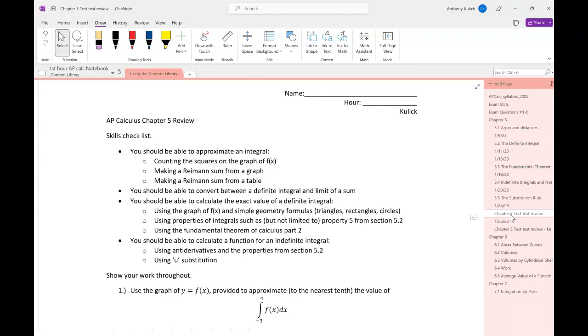But this one should be a relatively focused test. This has been a pretty focused chapter with really one skill in it. It's just been, how do you do integrals? Which should be pretty good, right? That should be a relief. A narrow test that's one skill.